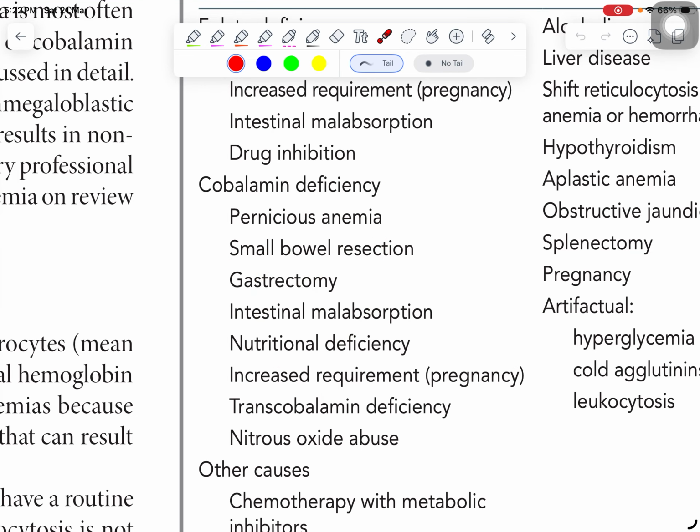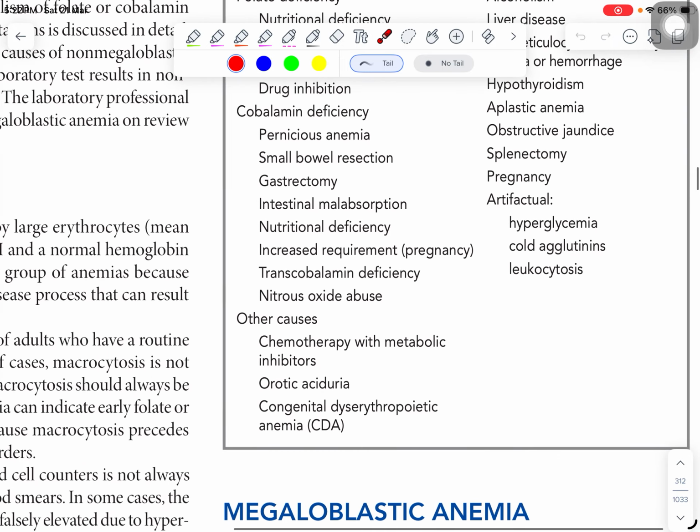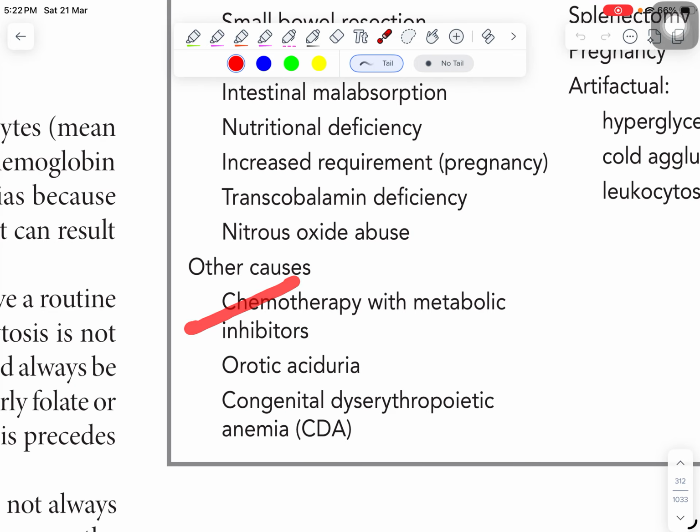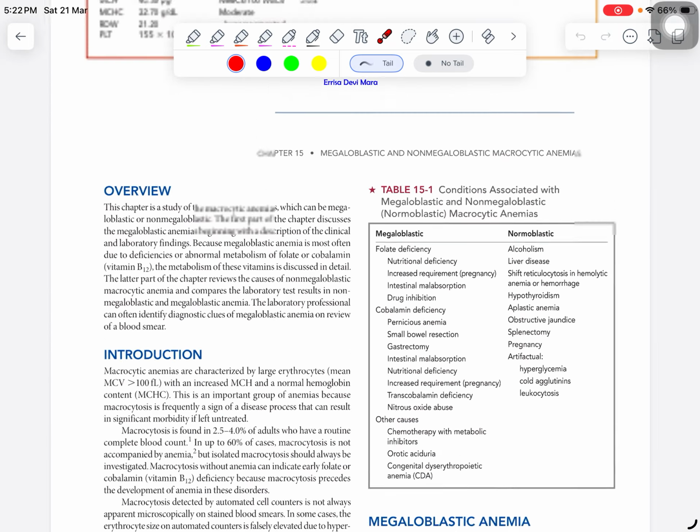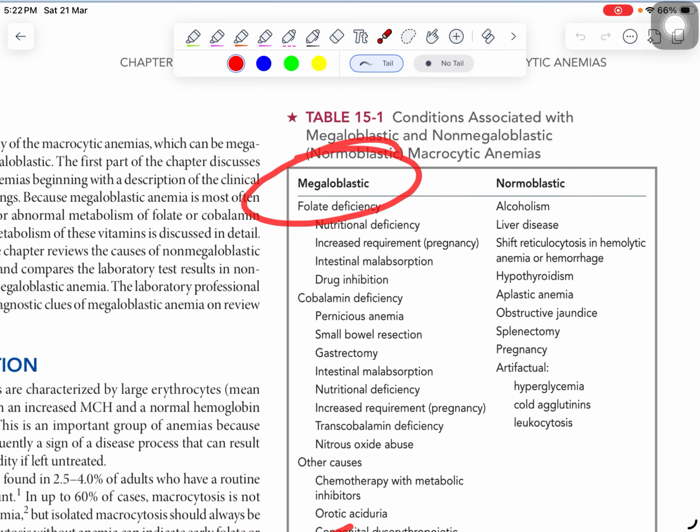Transcobalamin deficiency, increased requirement as in pregnancy, nutritional deficiency. So these are the causes of cobalamin deficiency. Chemotherapy, orotic aciduria, congenital dyserythropoietic anemia. So these are the causes of megaloblastic anemia.